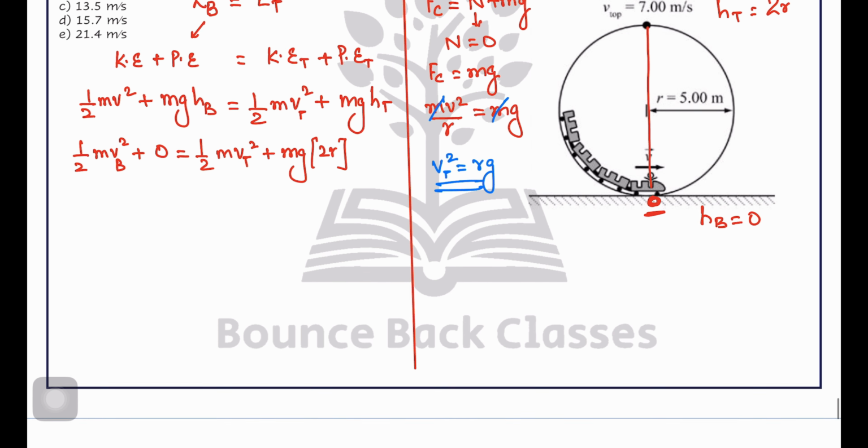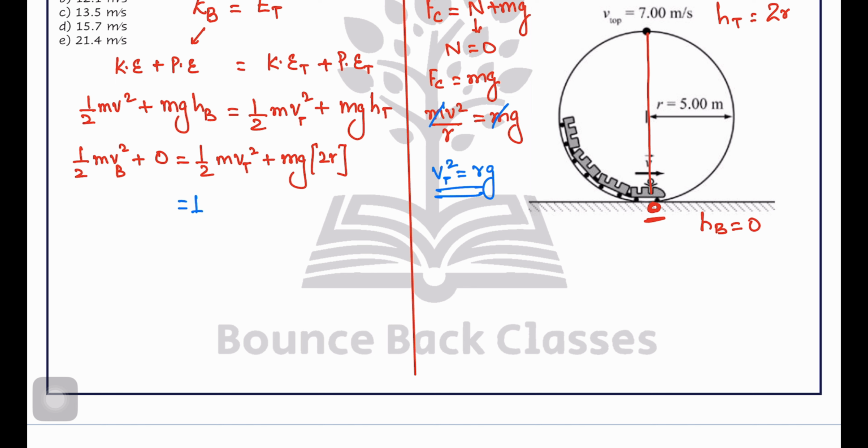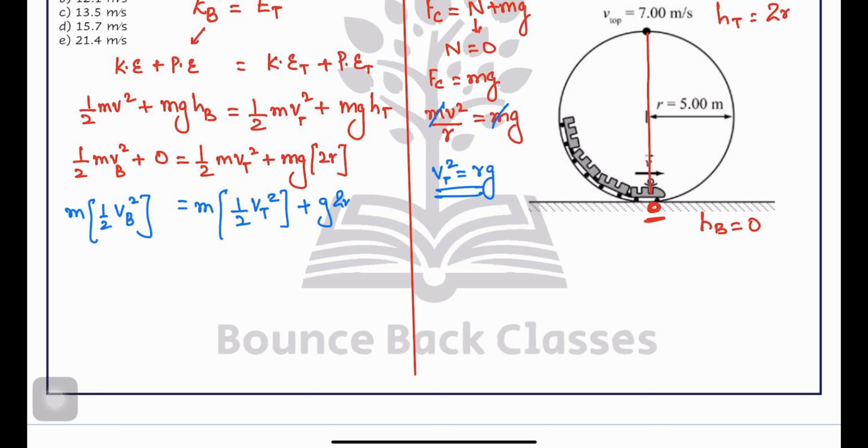So we have the velocity at the top. Take the m common here: half vb square is equal to half vt square plus g times 2r. The m's cancel. So half vb square is equal to half of vt square, which is rg, plus 2gr.